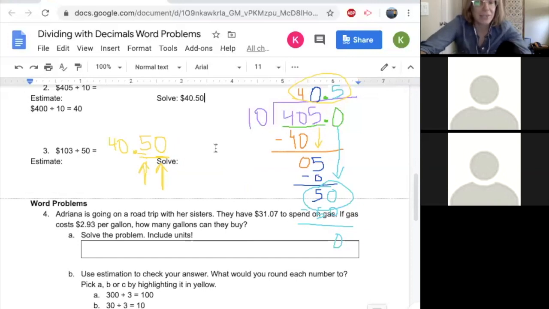Either of you can answer. Onion, you can go. Yes. What was our estimation? Our estimation was 40. Yeah, and I should have put the dollar sign there too. Very good.